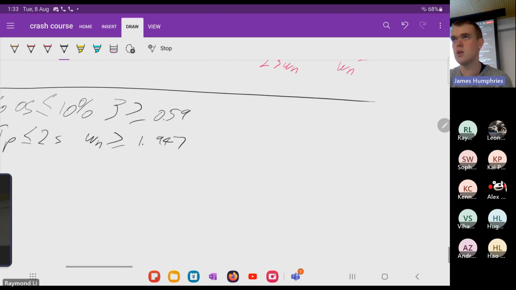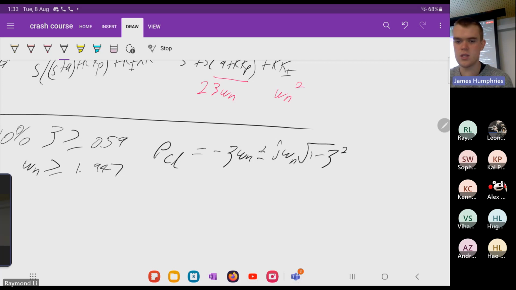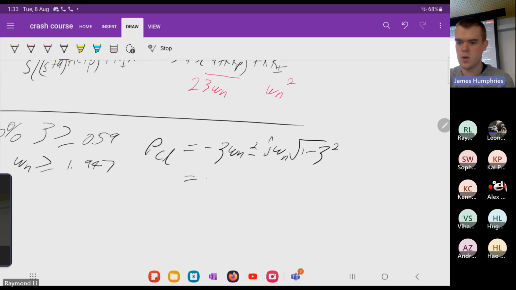So the poles of the closed loop system are equal to minus zeta omega n plus or minus j omega n root of 1 minus zeta squared, which is equal to minus 1.15 plus or minus j 1.57. Happy with that?